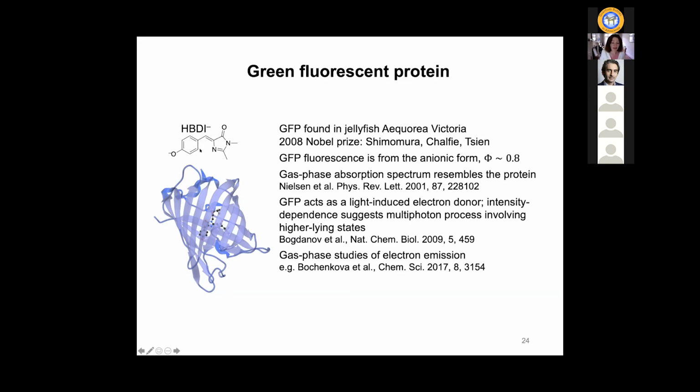The higher lying excited states of GFP have been proposed to be the states that are involved in light-induced electron donor properties, which are valuable in measuring redox properties in cells. And there have been a wealth of gas phase studies of the higher lying excited states of this GFP chromophore. So our question was, what happens in an aqueous solution?